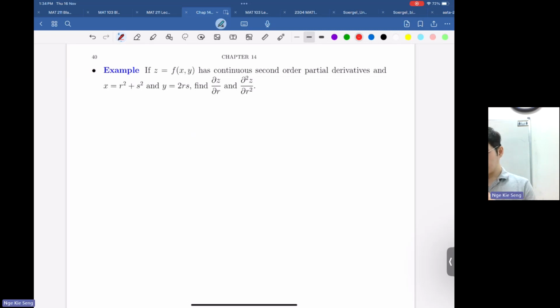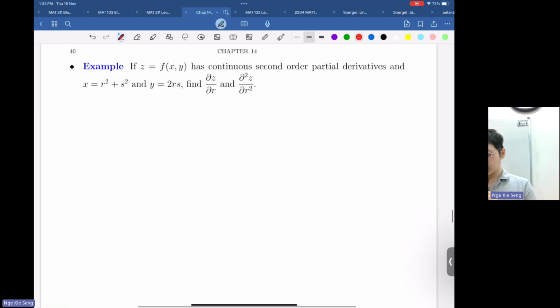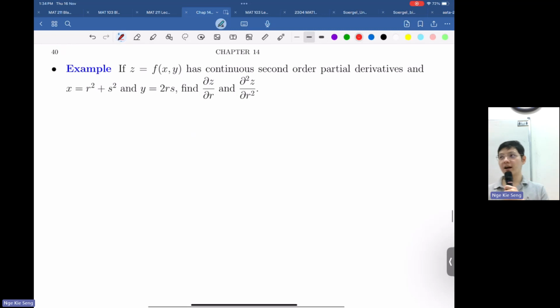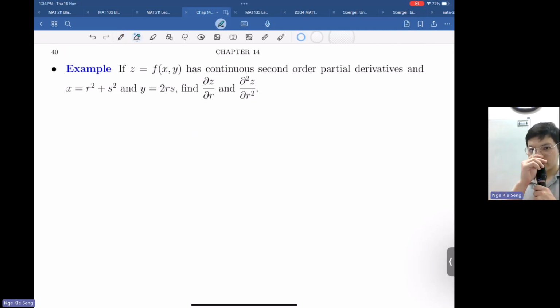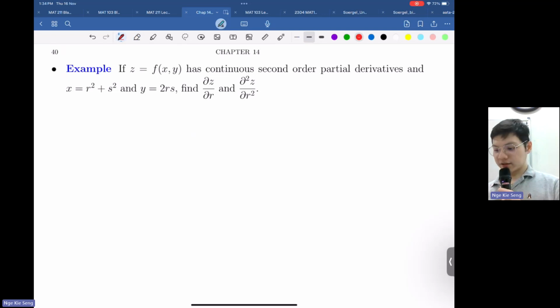If z equals f of x and y has continuous second partial derivatives, and we can replace x and y using r and s, find del z over del r and del squared z over del r squared. So we need to find these two things. This is kind of similar to what we had just now.